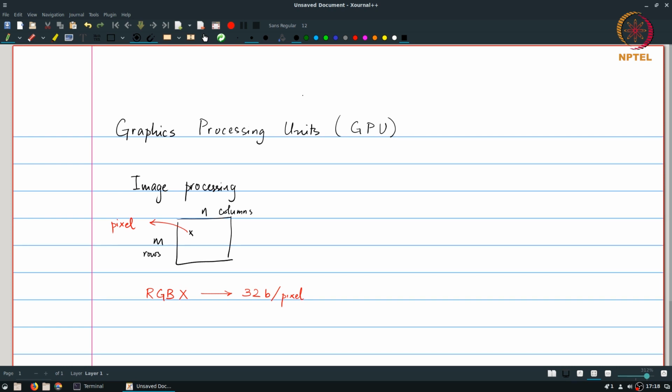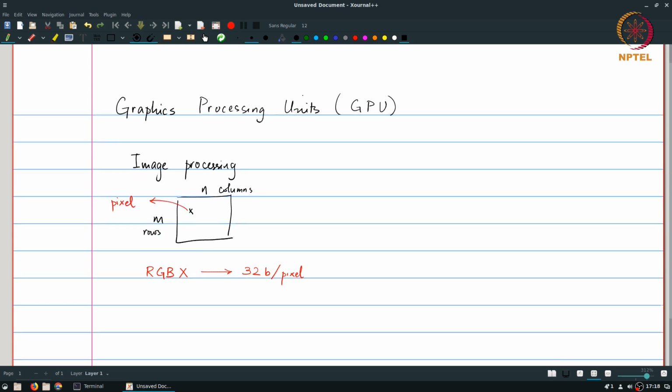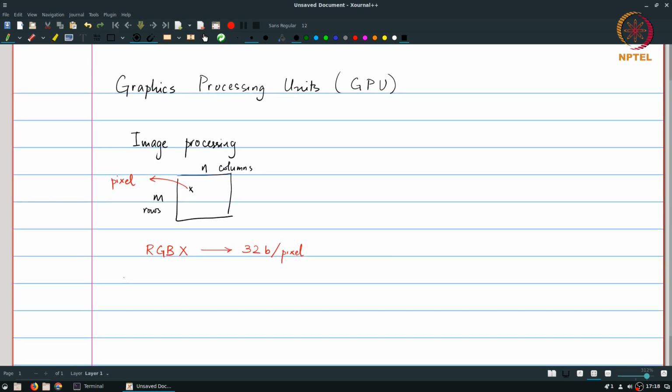Now the question comes, what kind of computations or what kind of transformations are we going to apply to these images? Typically the driving factor behind this was either photographs, that is still images, which had a number of different kinds of compression techniques in order to reduce the amount of storage required.